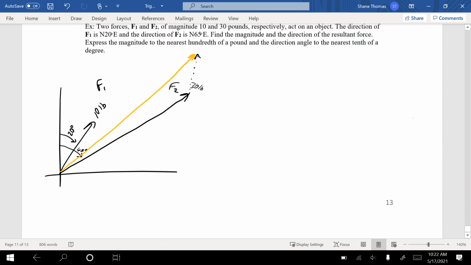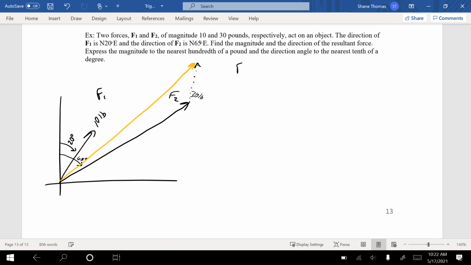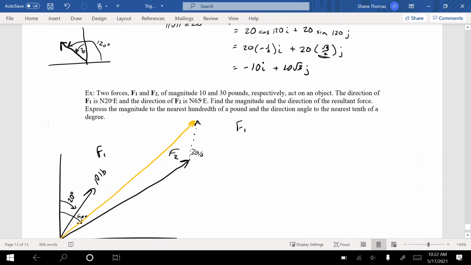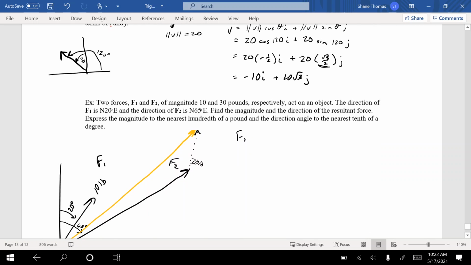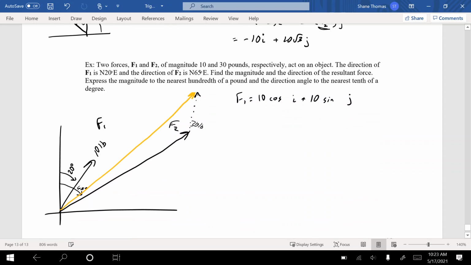Okay, so go F1. We don't have a vector, we have a bearing and we have a force. So like we just used above, we're going to take the magnitude of it. Magnitude of the first one is going to be 10. The cosine of the angle I plus the magnitude and the sine of the angle for J. Now I'm looking at F1 here.